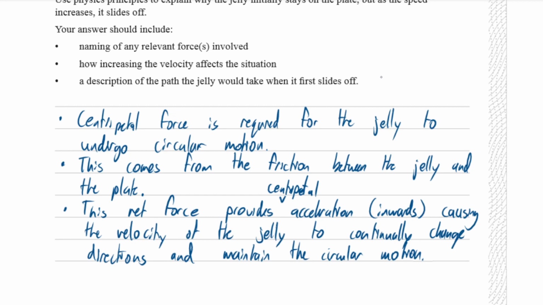So far we've commented on the fact that we need a centripetal force for circular motion, that it comes from friction, that this force actually results in an acceleration, which is what is changing the velocity, keeping it in circular motion.